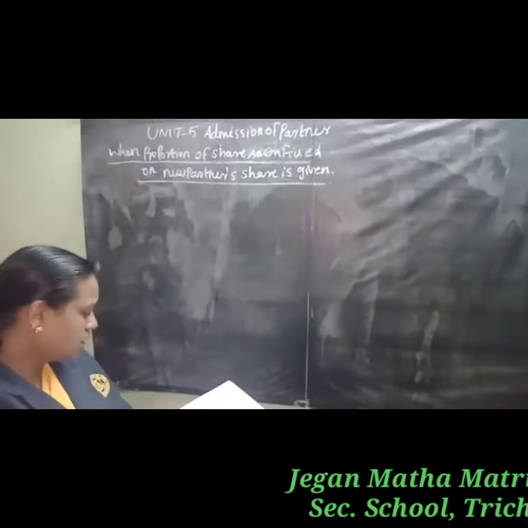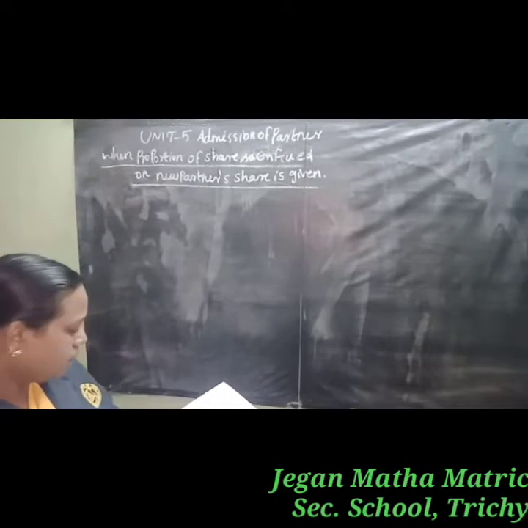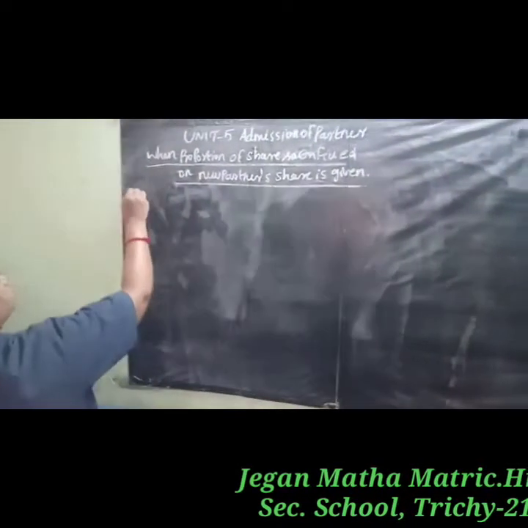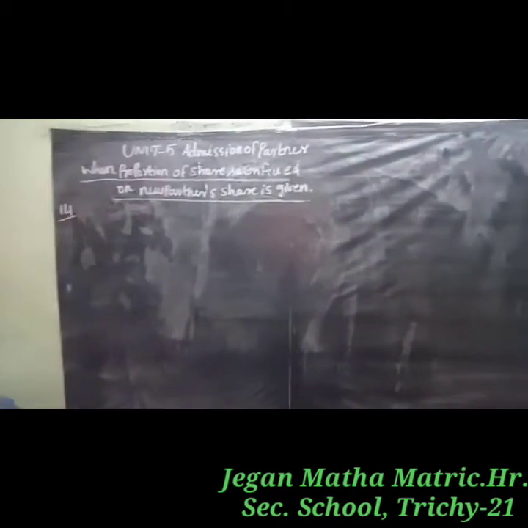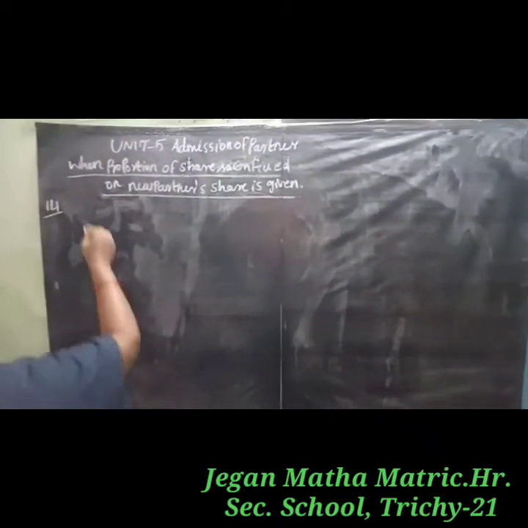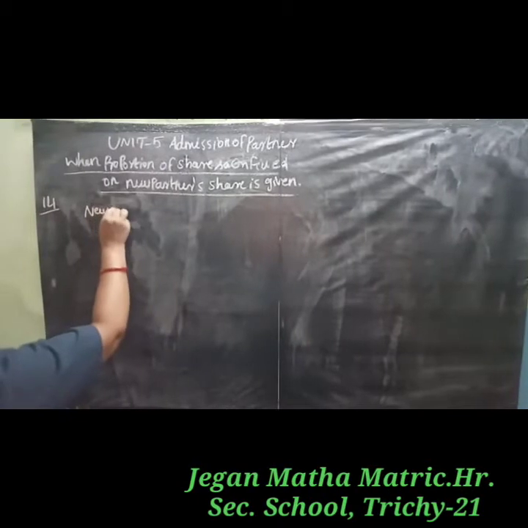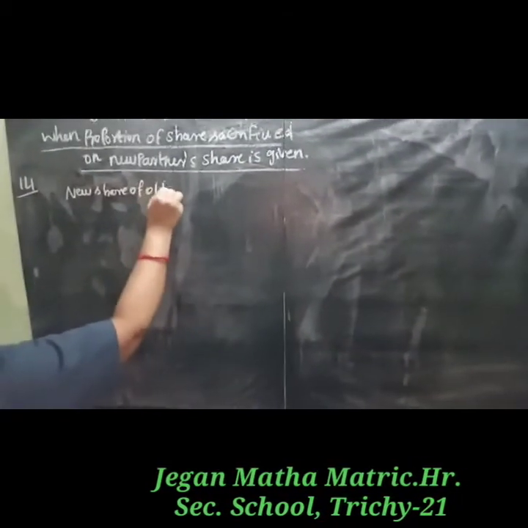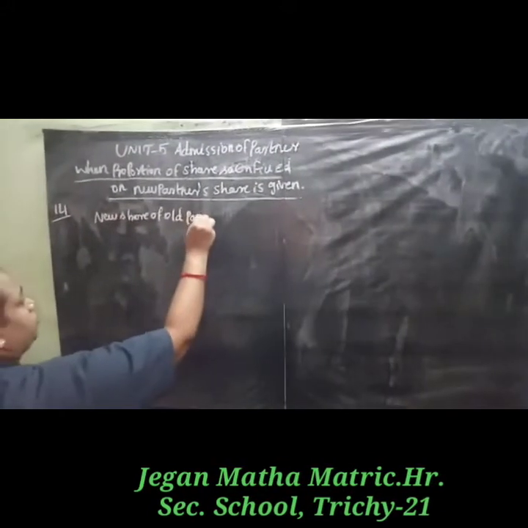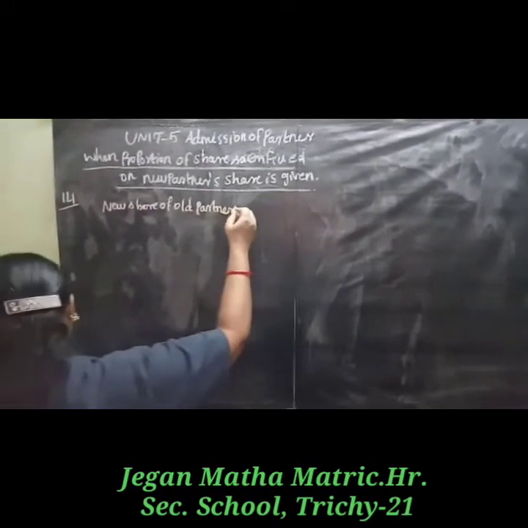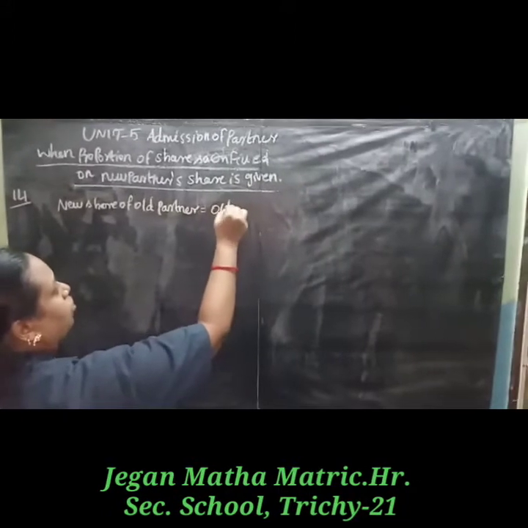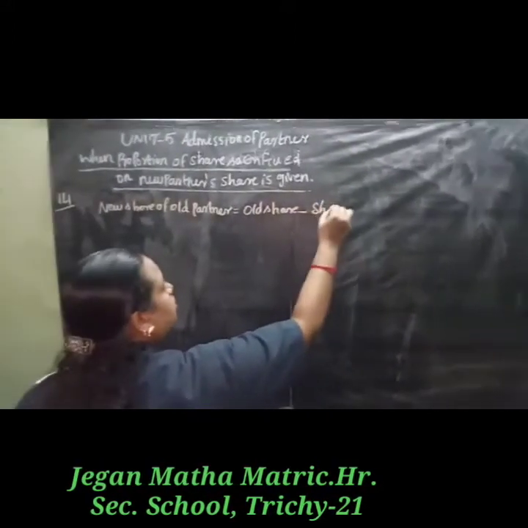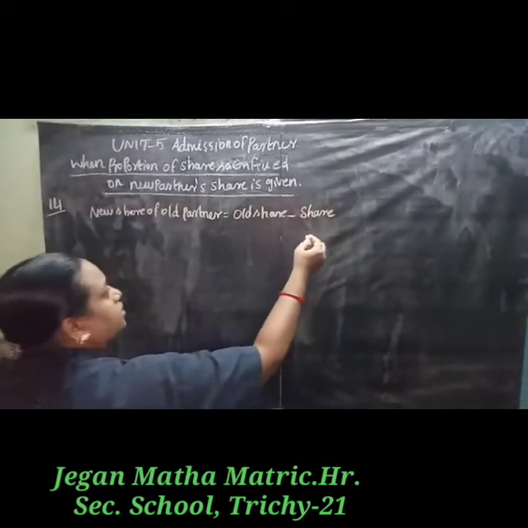Illustration 14. Ramesh and Raju are partners sharing profits and losses in the ratio of 2:1. So sum number 14. Okay, so write the formula first. New share of old partner equals old share minus share sacrifice.